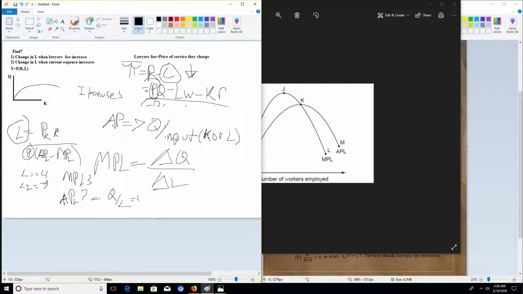Now let's say they added another person after this point, L3. If output only increased to 8, this new MPL, instead of being 3, would be 1.